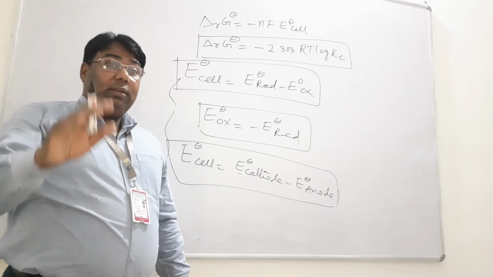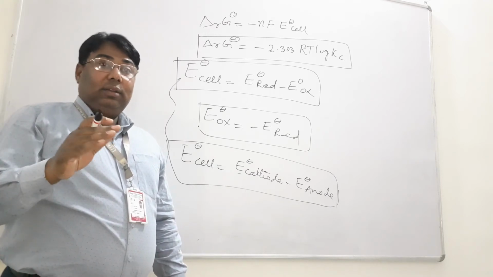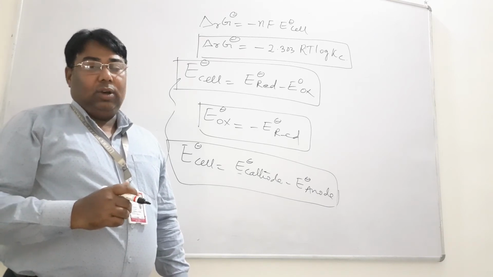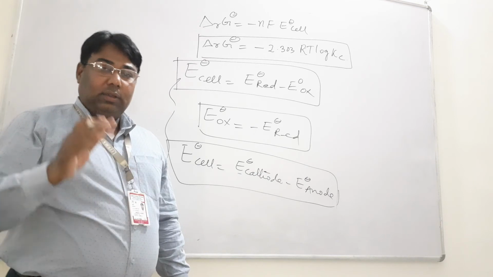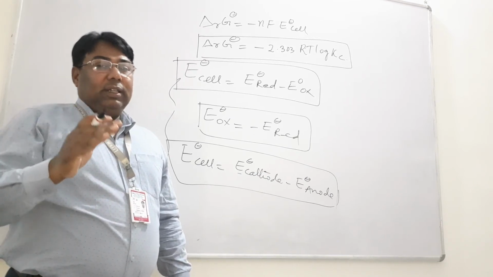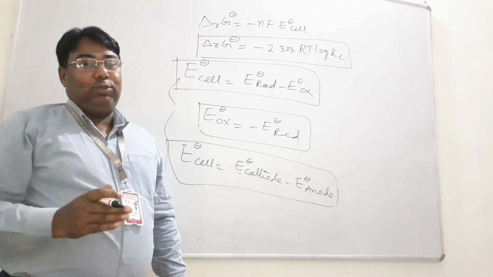But today we try to understand the determination of reduction potential of all the electrodes. Dear students, electrode potentials of all electrodes are determined in terms of standard reduction potential.